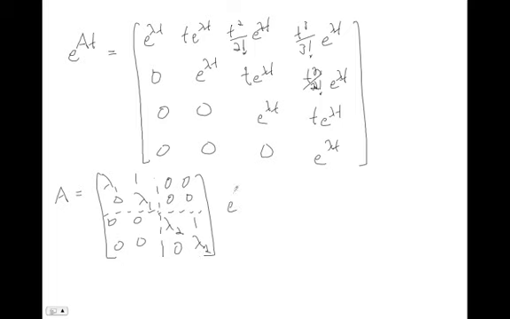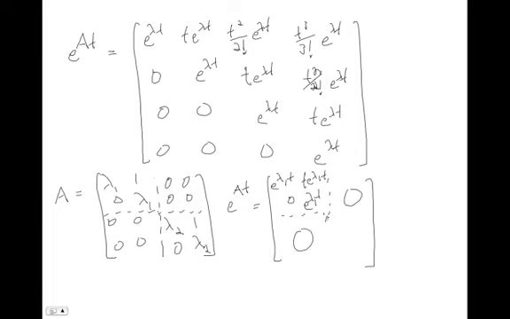And if I take e to the At of this thing, you start to see how the pattern works itself out. So this block looks like e to the lambda 1 t, e to the lambda 1 t, and then this is t e to the lambda 1 t, 0. In this block, this is just a big 0 block here and here.